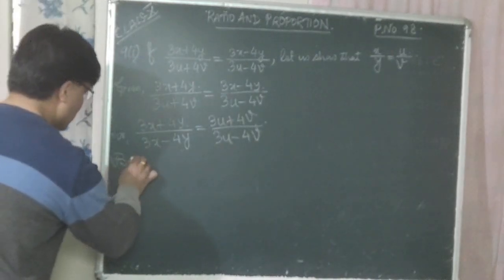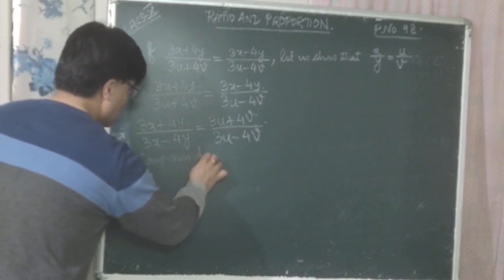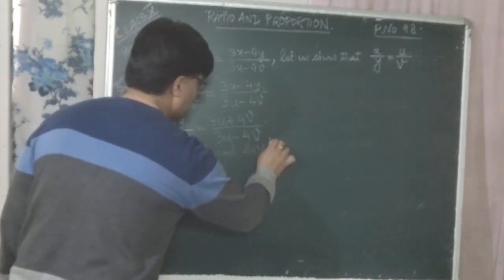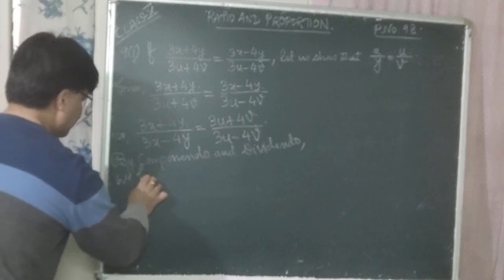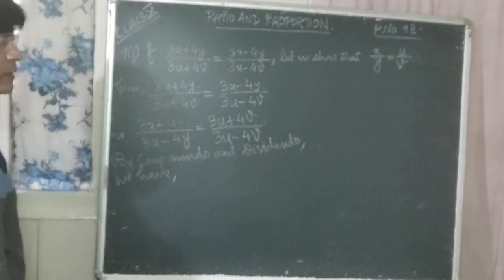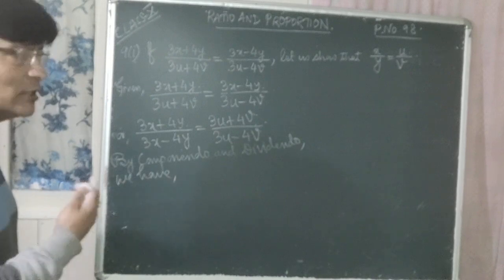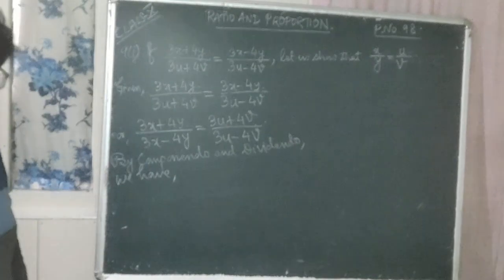So by componendo and dividendo, we have, so let us write positive sign in the numerator. That is numerator plus denominator in the numerator divided by numerator minus denominator in the denominator.